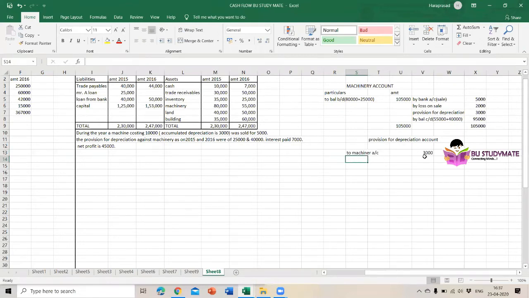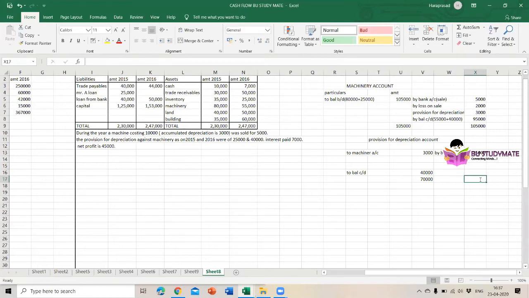Then we have an opening balance on the right hand side. How much is the opening balance? 25,000. And the closing balance here is 40,000. Okay, then the balancing figure is 40 plus 30 is 70,000.